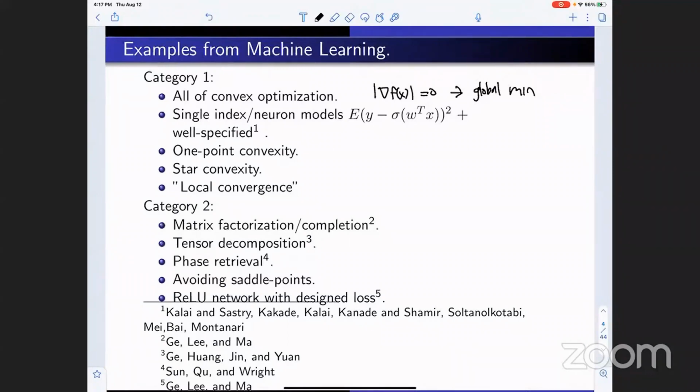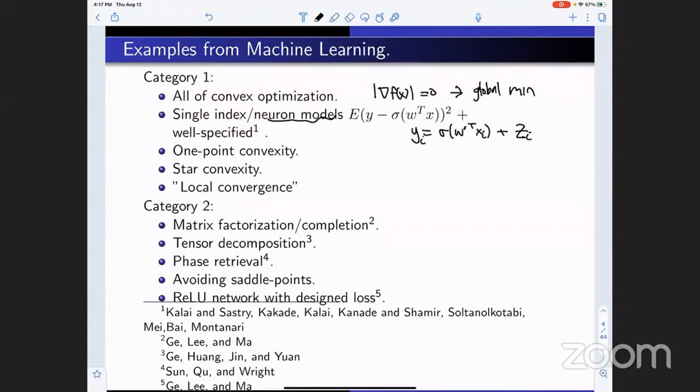Beyond convex optimization, there are a few interesting examples where this gradient non-vanishing condition holds, yet it's not convex. Among these are single neuron models, plus well specified. So the data comes from W star plus noise.